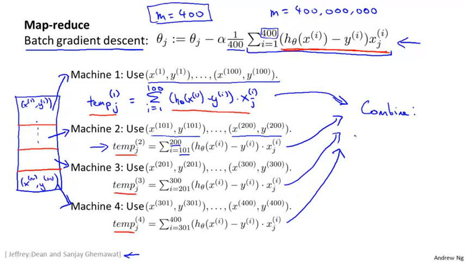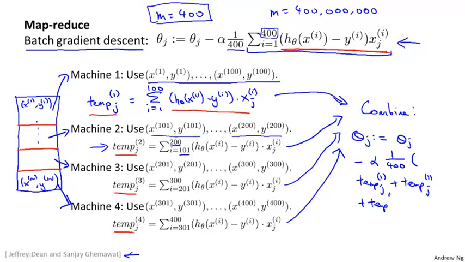And in particular, it will update my parameters theta j according to theta j gets updated as theta j minus the learning rate alpha times 1 over 400 times temp 1j plus temp 2j plus temp 3j plus temp 4j.